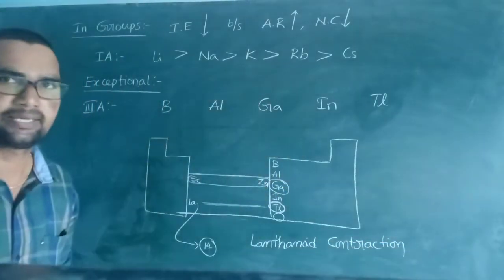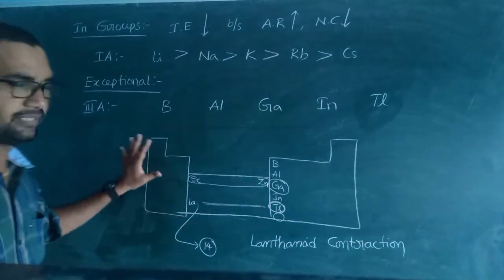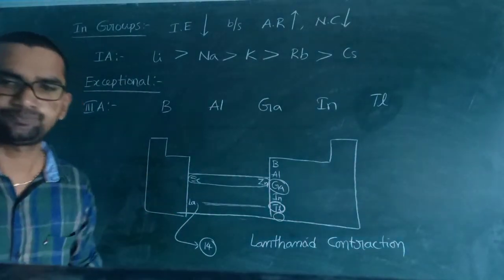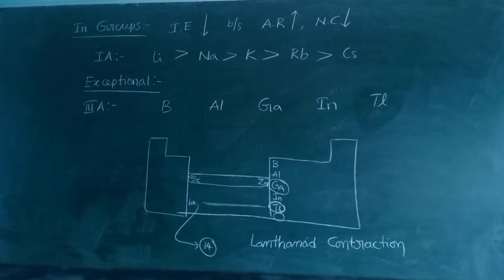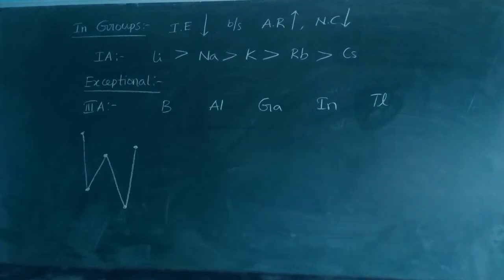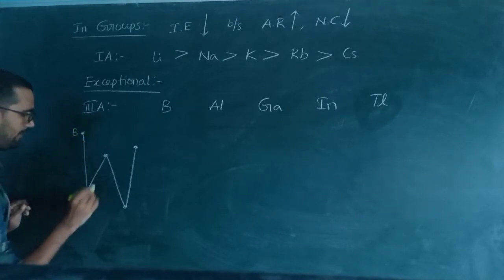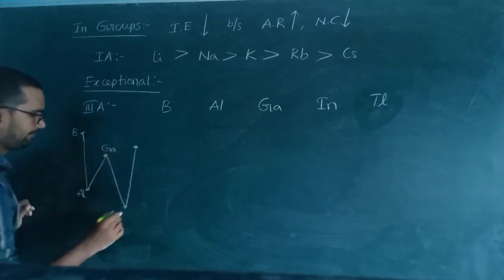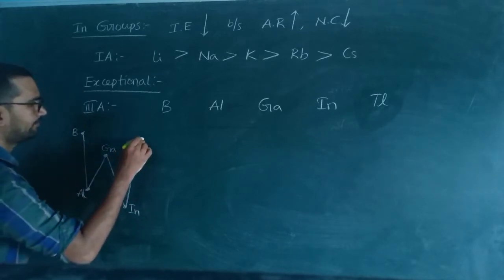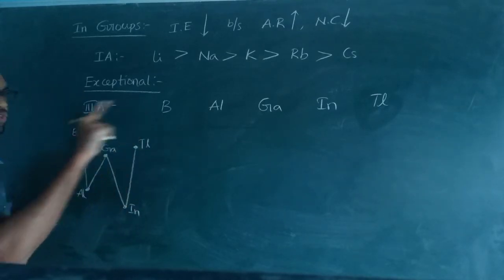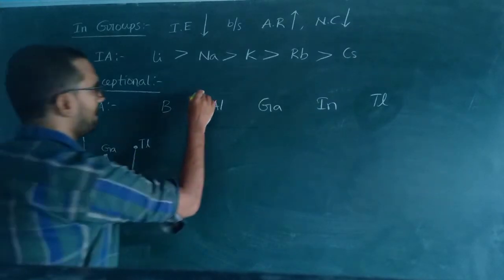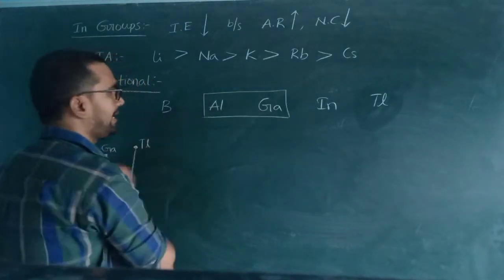Okay, Randy? Right? That's why explanation is over. See this, this is a trick. This is boron, this is aluminum, this is gallium, this is indium, this is thallium. It shows different because aluminum, gallium shows different nature.